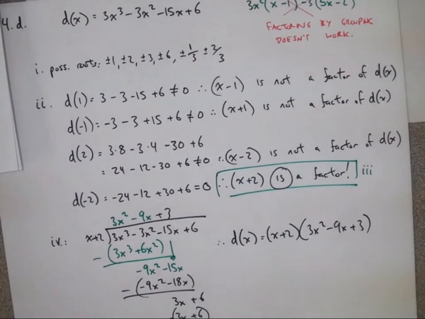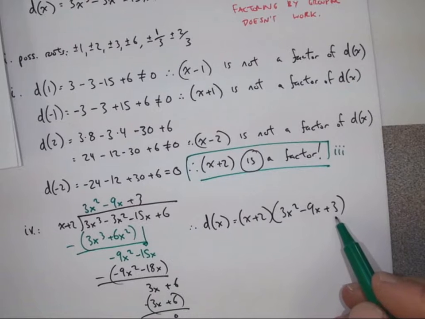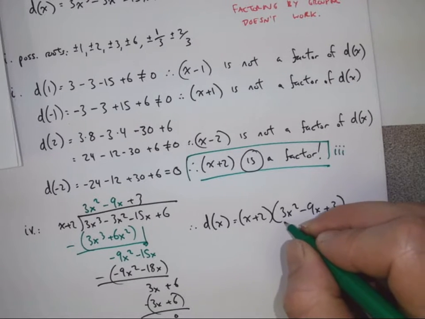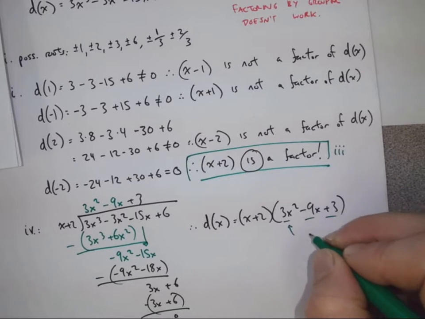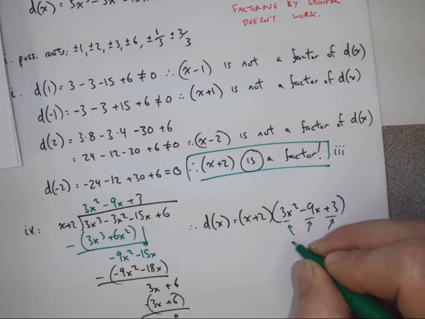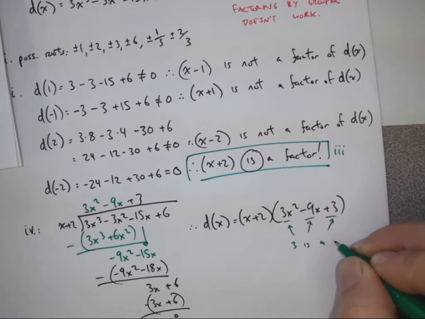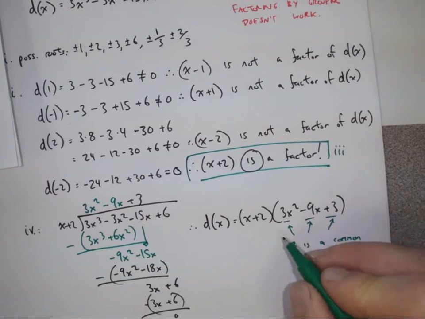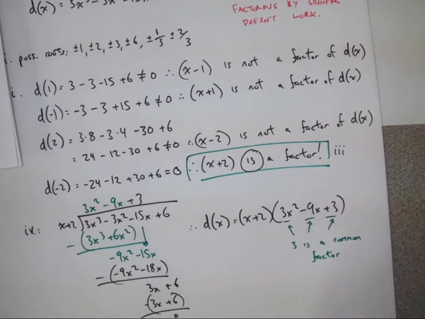And I'm going to try to factor that. First, I'm going to use common factor. I'm going to factor this 3 out. 3 is a common factor. So I'm going to bring that out all the way to the front.